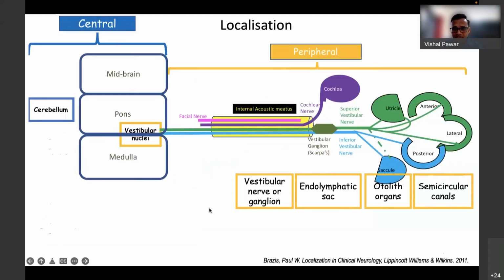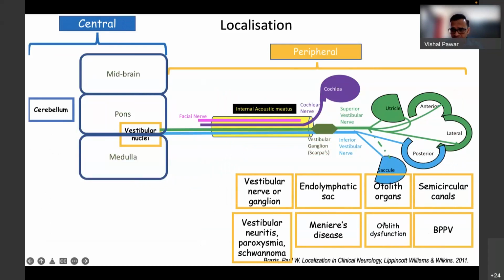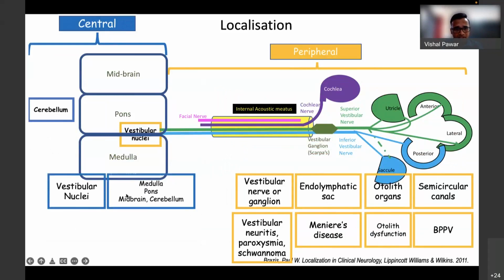As we know, when the semicircular canals get involved, it is BPPV; otolith organs, otolith dysfunction; endolymphatic sac, Meniere's disease; vestibular nerve or ganglion, vestibular neuritis. Similarly, the localization in the central vestibular system is either the vestibular nuclei or the connections present in the midbrain, pons, medulla, or involvement of the cerebellum, or certain pathologies that involve the vestibular connections with the cortex or the vestibular cortex, and that can lead to a sense of vertigo or dizziness.